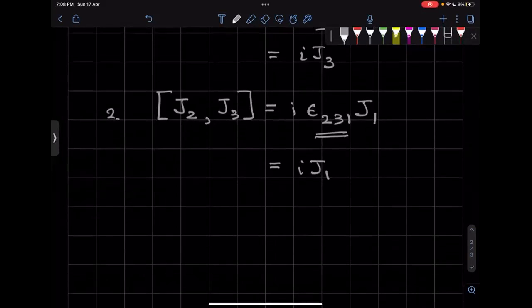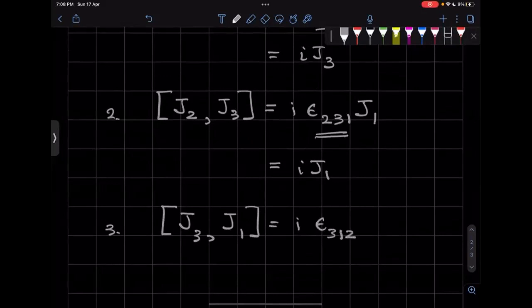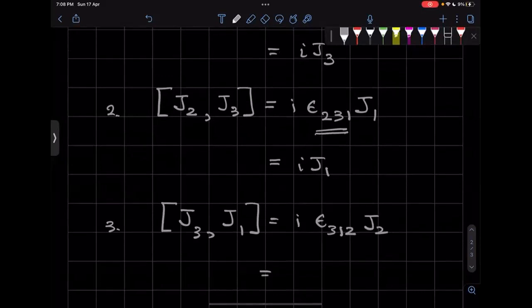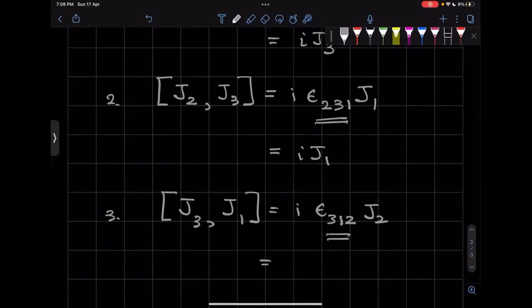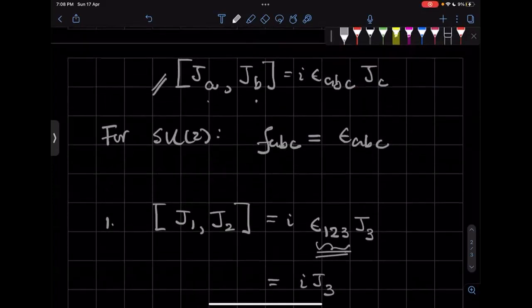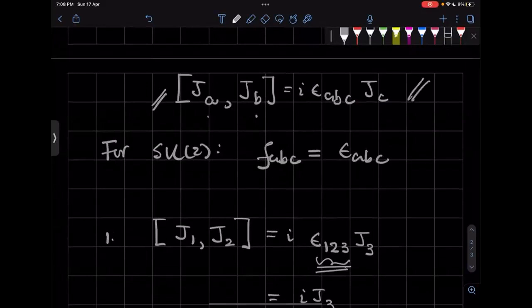Okay. So the number 3 is when one of the indices is 3, and the other one is 1. Then we have I epsilon 3, 1, 2, J2 again. This is an even permutation, so we have I J2. So these are the 3 non-trivial commutation relationships that are the components of this equation.